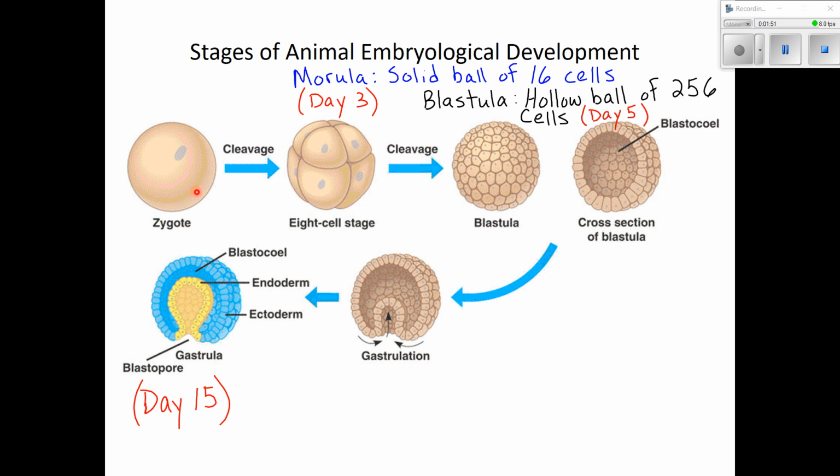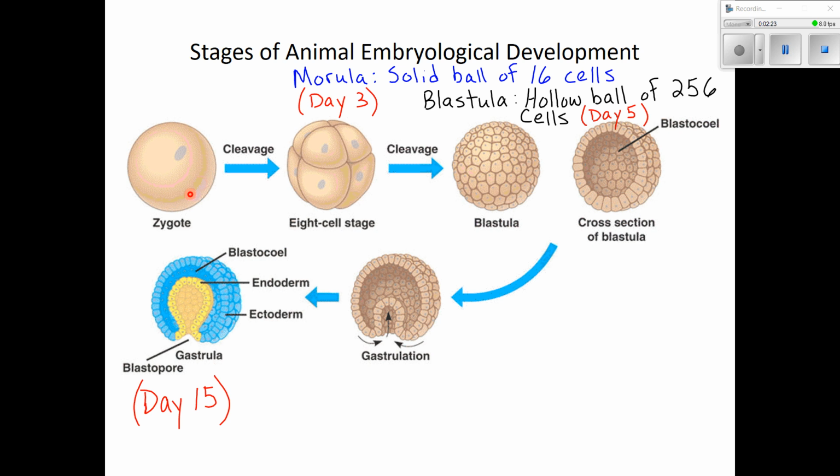So we're going to begin in this diagram right here with a zygote, which, as you know, in animals would be a diploid fertilized egg. It is the union of a sperm and an egg at fertilization, giving rise to this single diploid cell. And the very first thing that happens in the development of any animal's body, including your own, is that zygote goes through the cell cycle.